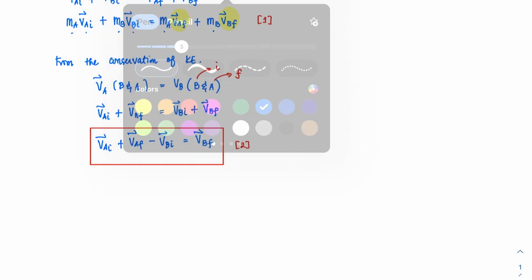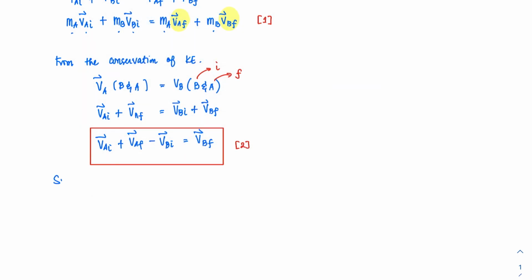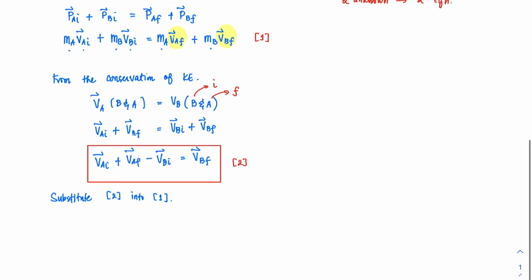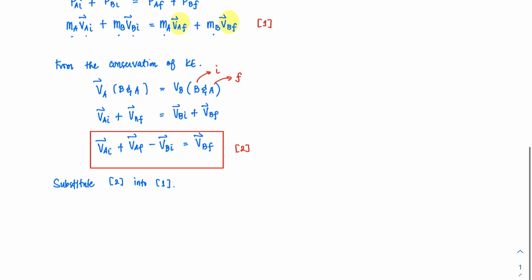So what I'm going to do is, this is just a review of all of your algebra class. You are going to substitute equation 2 into equation 1. So I'm just going to copy this one, or maybe just rewrite that.